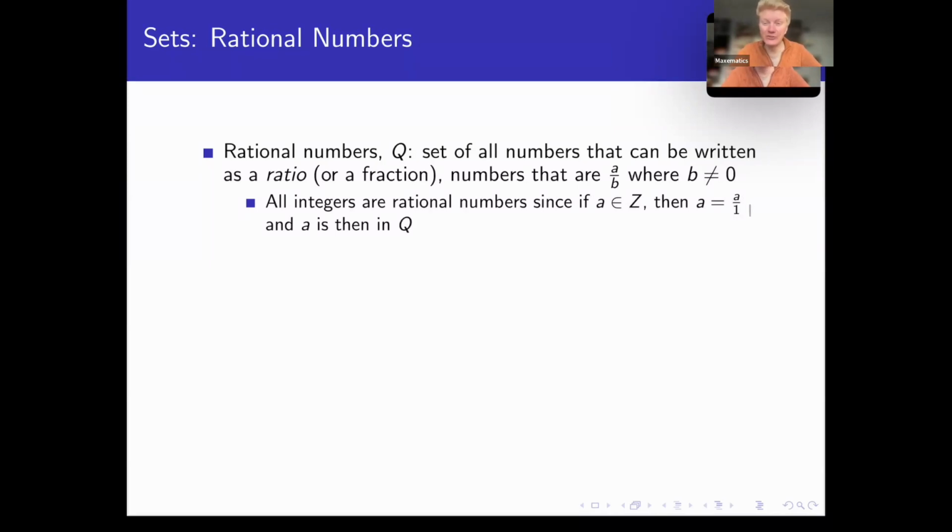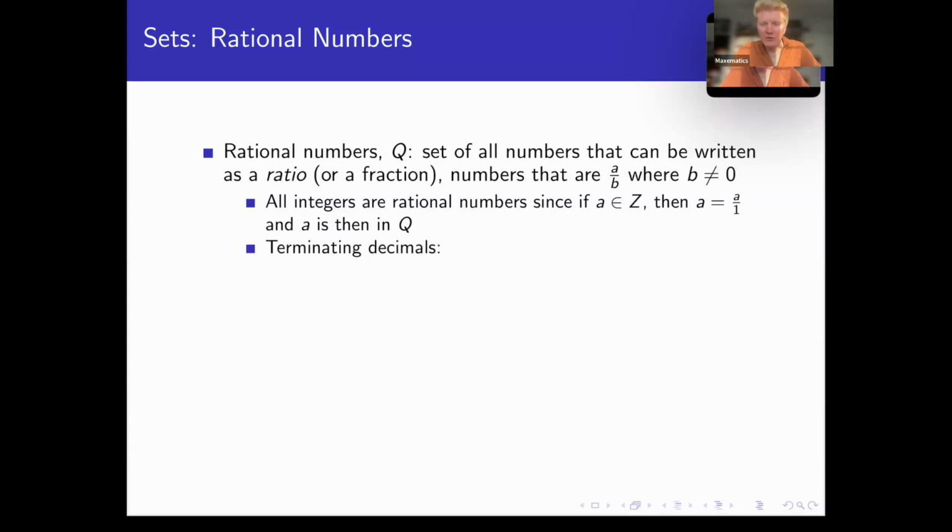So all integers are rational numbers, and you already start to see this progression. Natural numbers set inside the whole numbers set inside the integers set or sitting inside the rational numbers. And we're going to introduce some more sets that kind of fill the other gaps, so to speak, but we'll do that in just a second.